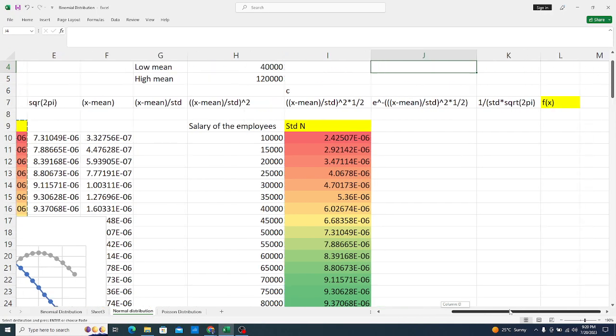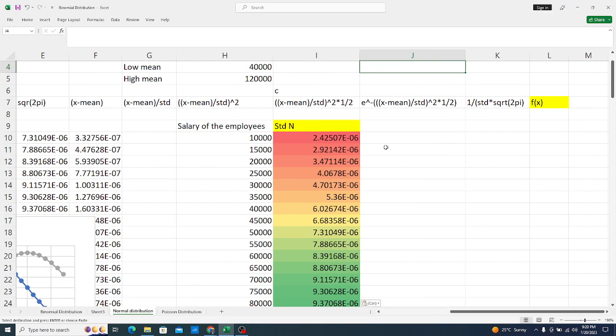So I want us now to check how our normal distribution behaves when we vary the standard deviation. We are trying to check how mean and standard deviation affect the normal distribution.